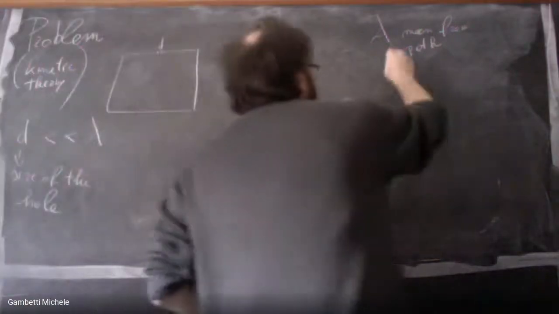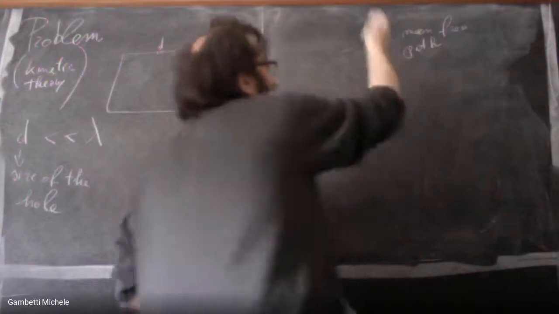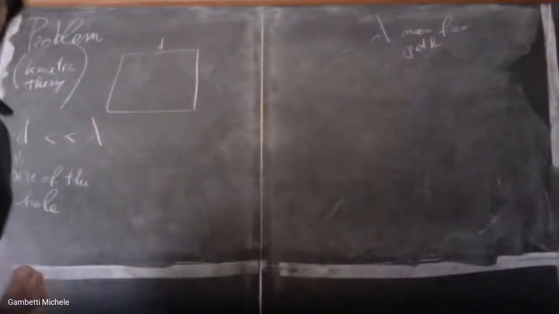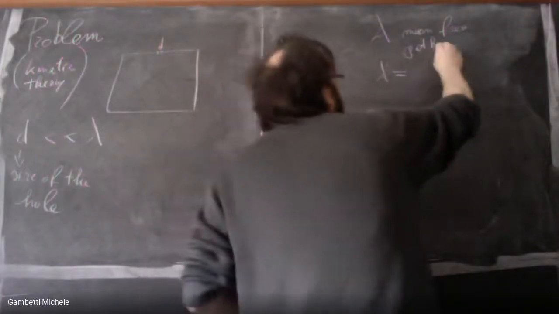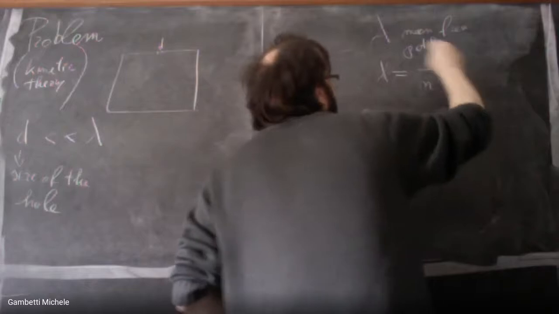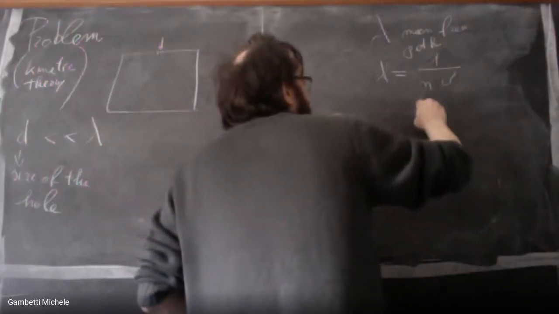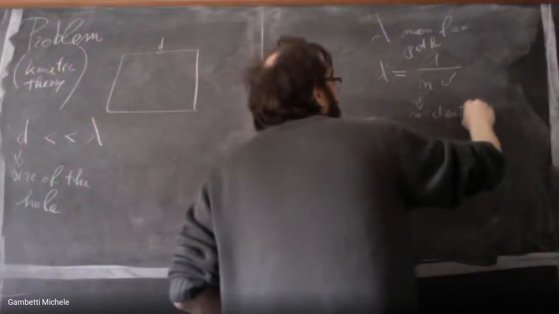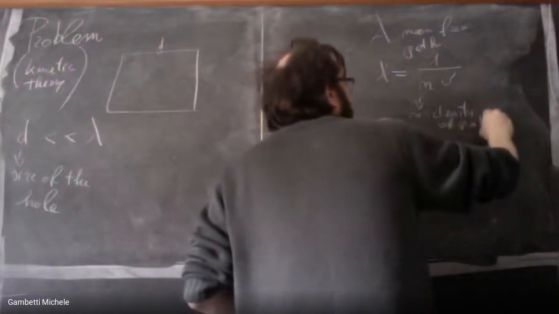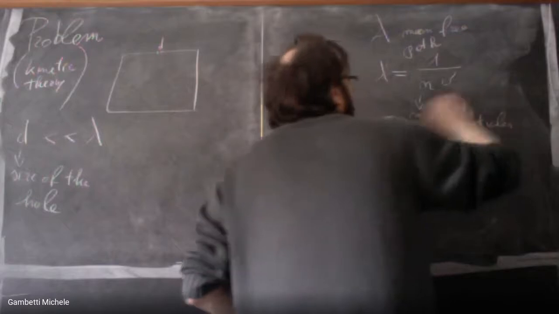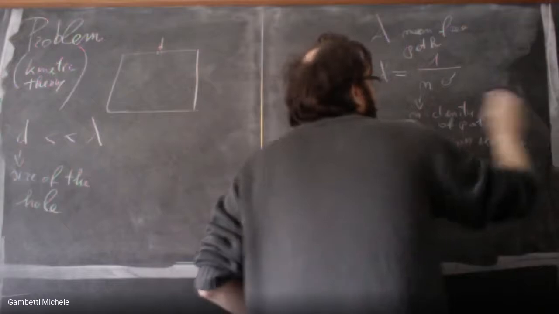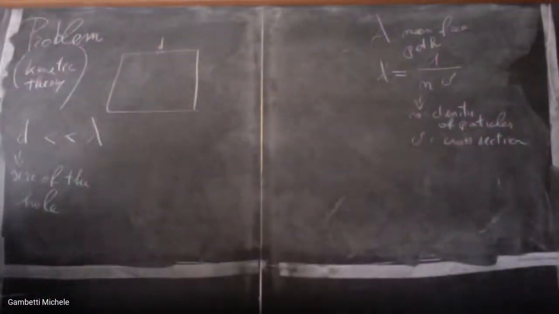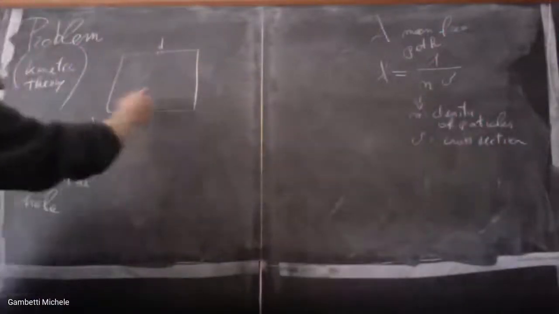Definition clarifies everything, but maybe most important is to remind you that the mean free path is 1 divided by n times the cross section, where n is the density of particles, and sigma is the cross section.